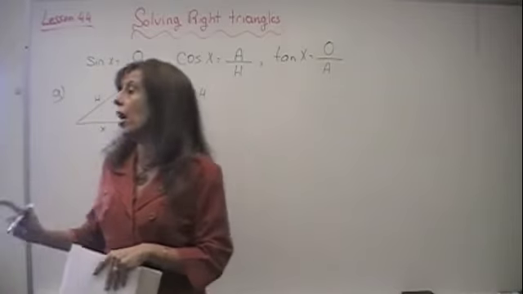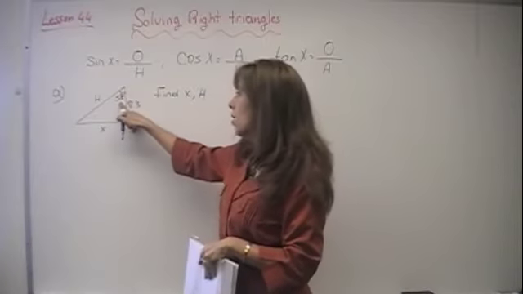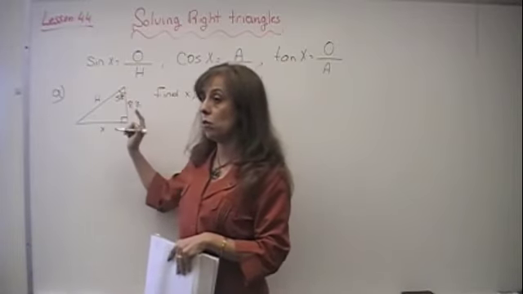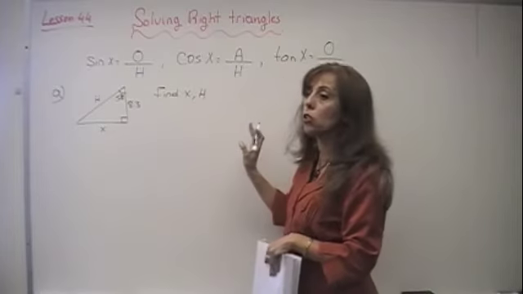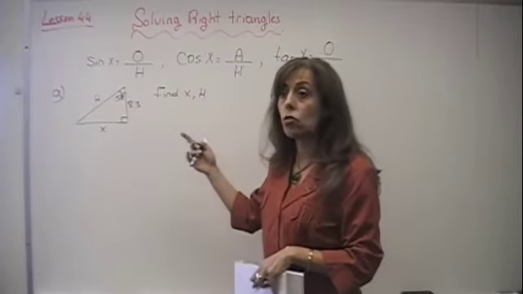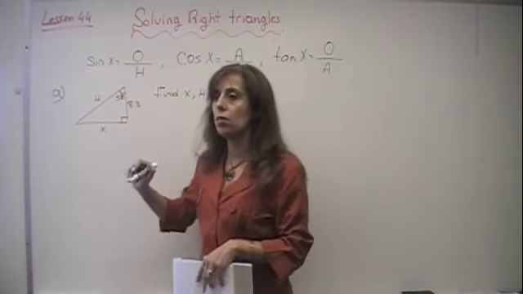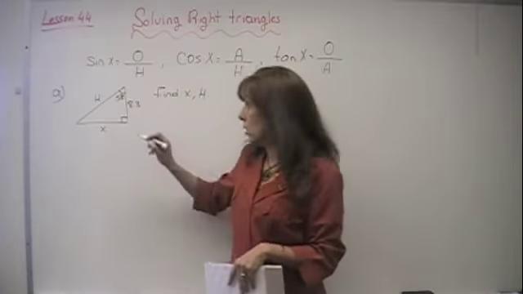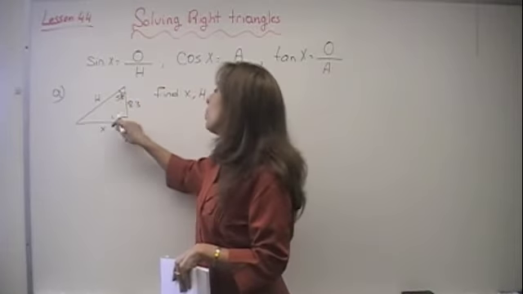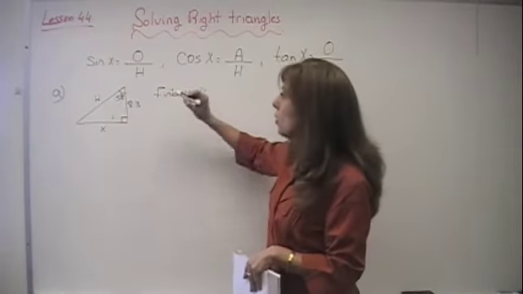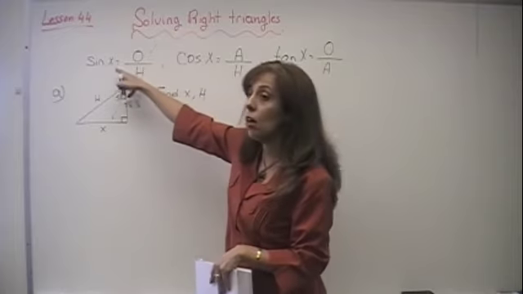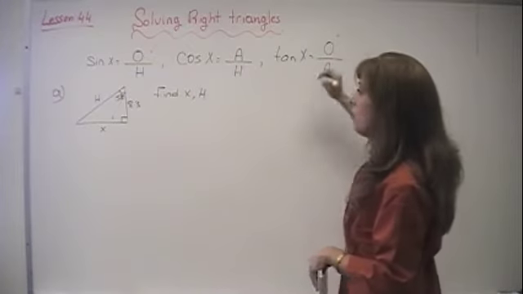So we have a right triangle with an angle and one side known. We need to use one of these functions to find x and h. What is the relationship between x and the angle? They're opposite, exactly. X is opposite the angle, so we can use either sine or tangent.